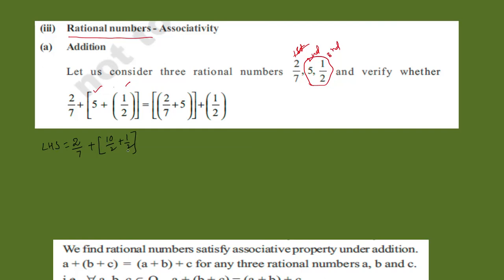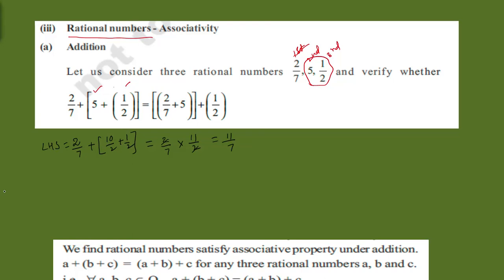We convert 5 into like fractions. What we got? 2 by 7, the first one, into 10 by 2 plus 1 by 2. That gives us 11 by 2. Here you observe, the 2s are cancelled. Finally, what we get? 11 by 7.